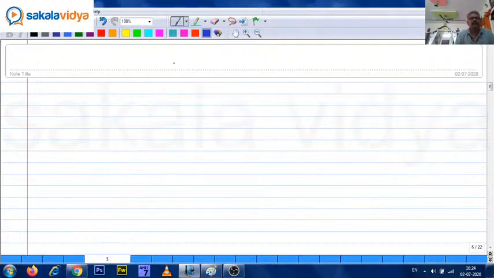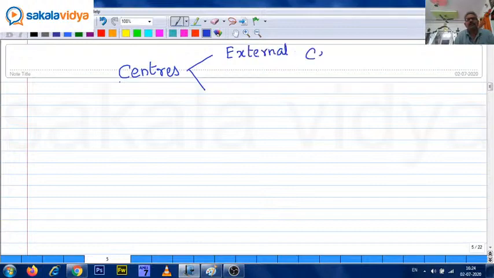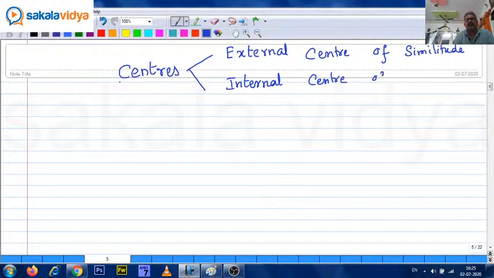Next now, we need to discuss centers. Centers are of two types: external center of similitude and internal center of similitude.